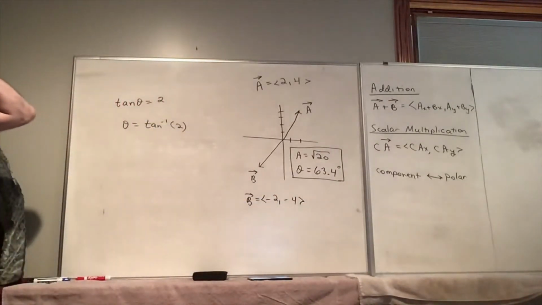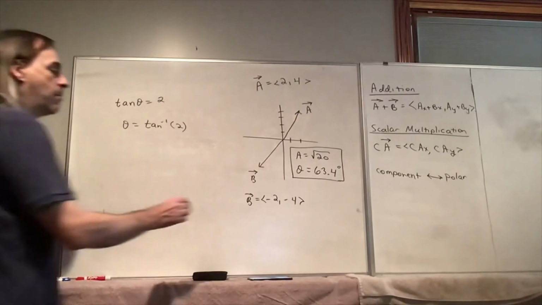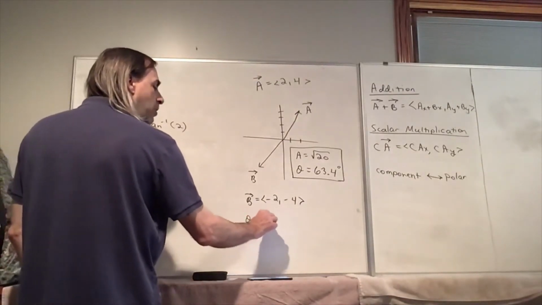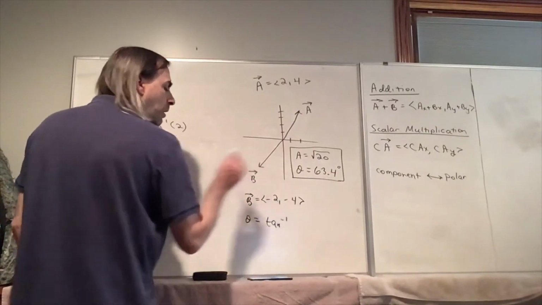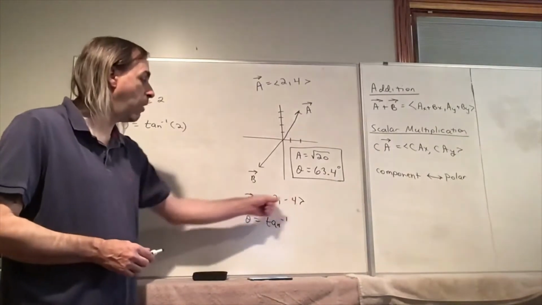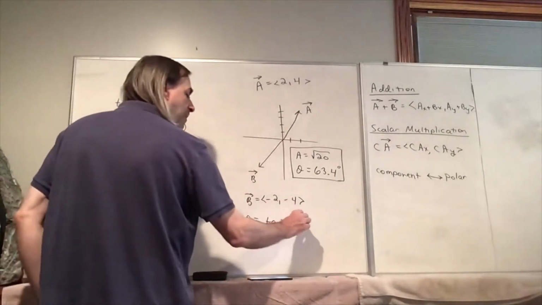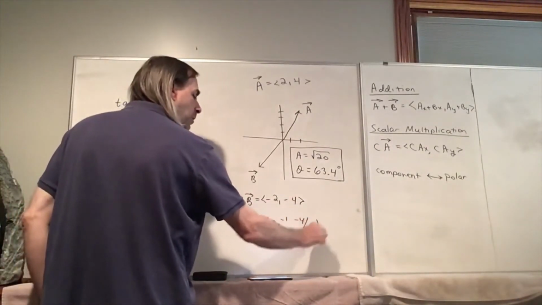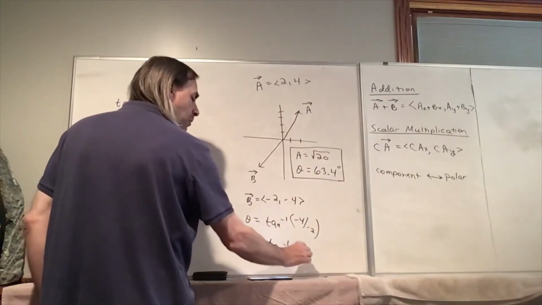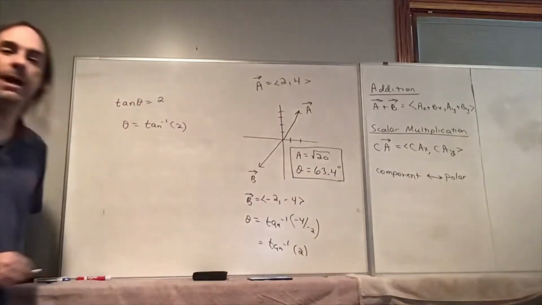So if we use this formula I wrote down, remember we said theta would be the inverse tangent of ay over ax, here would be by over bx. We'd have -4 over -2, which is the inverse tangent of 2, which is the exact same angle.